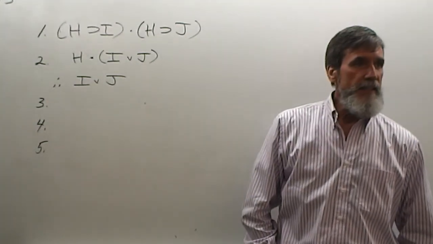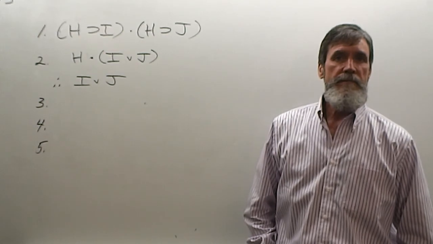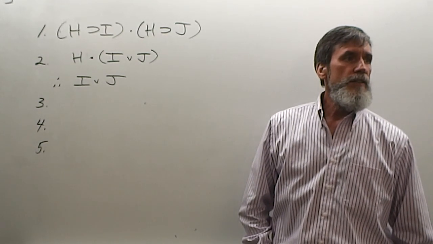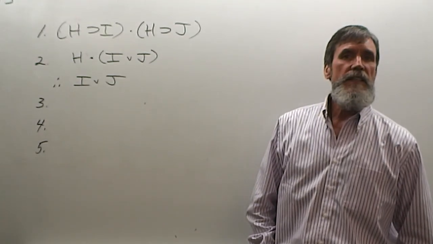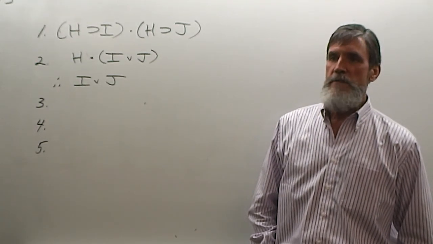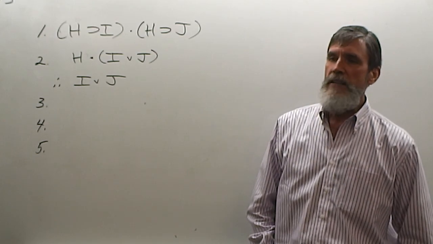Second premise is a dot. It's a conjunction. We only use that for simplification. So, what would we simplify from line 2? What would our conclusion be? What?